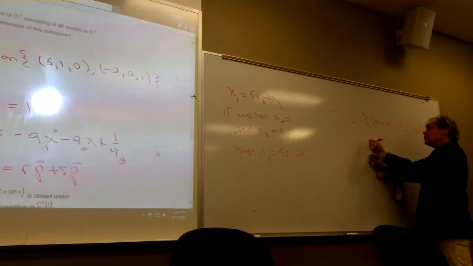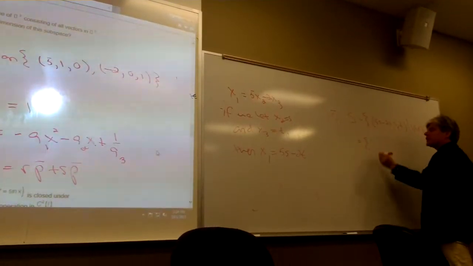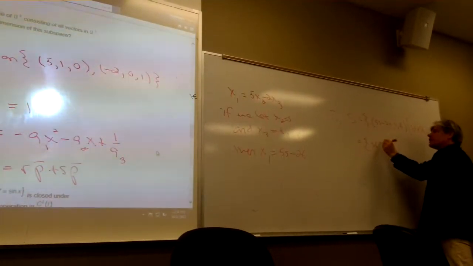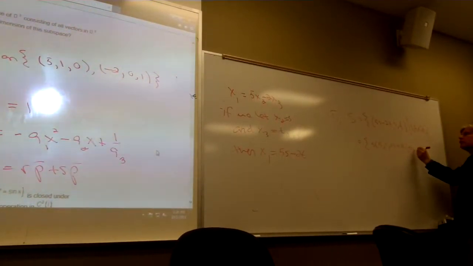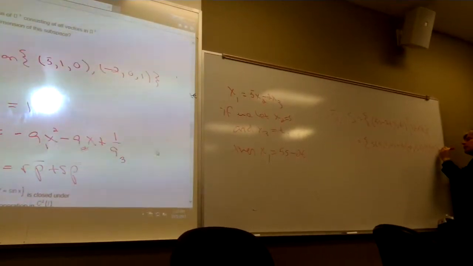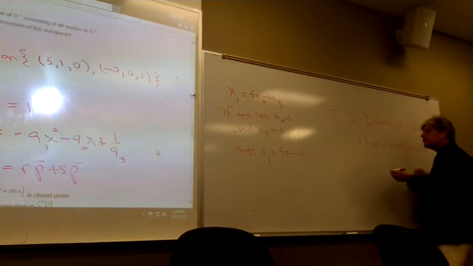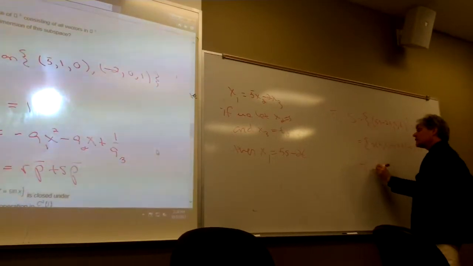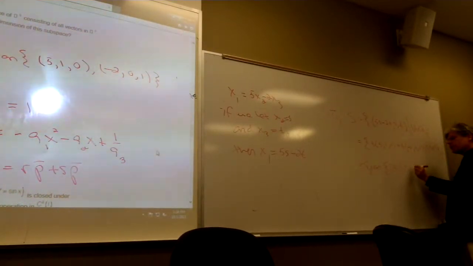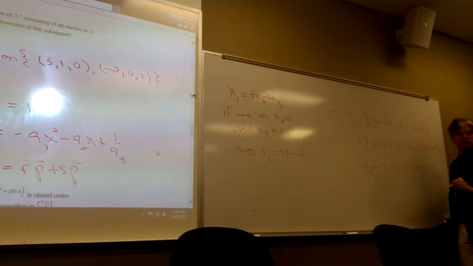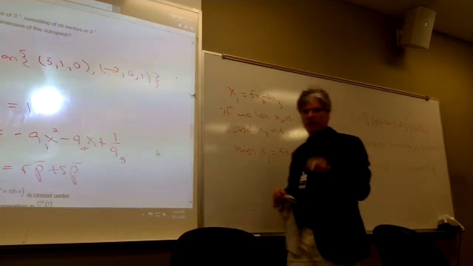But this is nothing more than a linear combination of 5, 1, 0 and negative 2, 0, 1, such that s and t range over the reals. This is nothing more than the span of the set. Is this what I have on the middle board over there? I hope so.